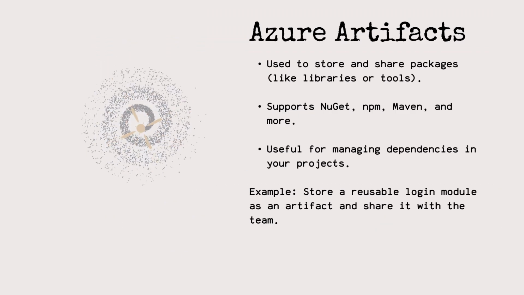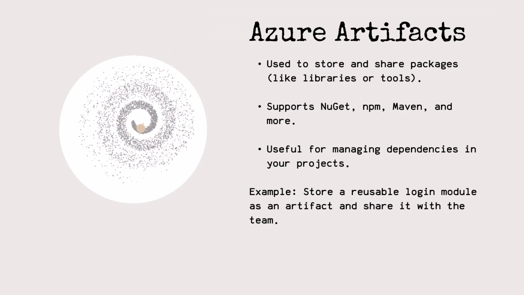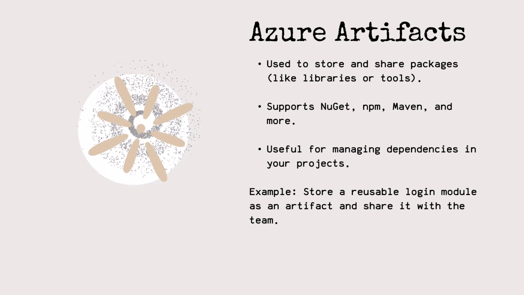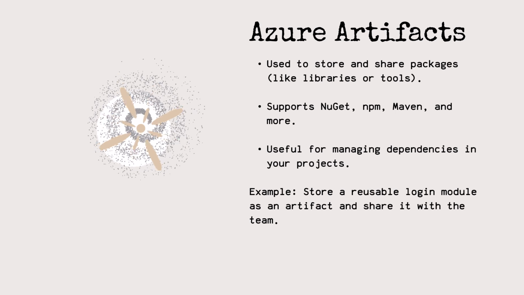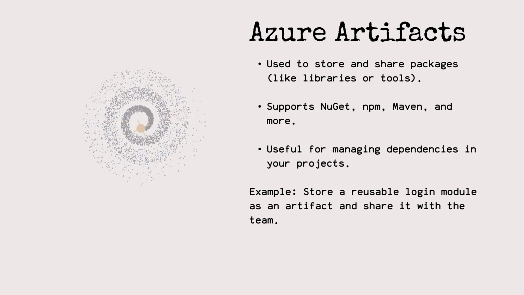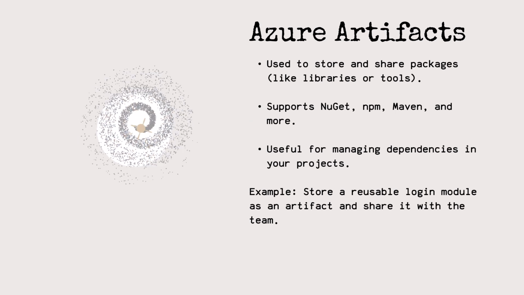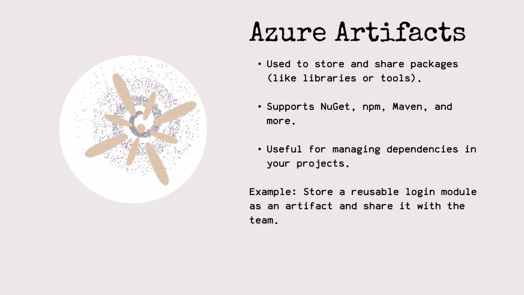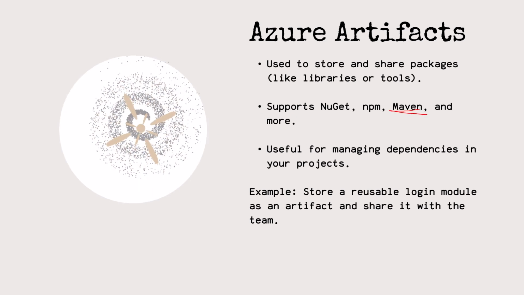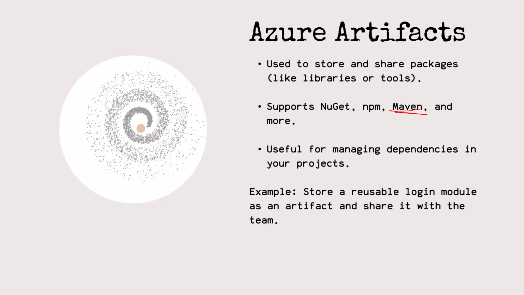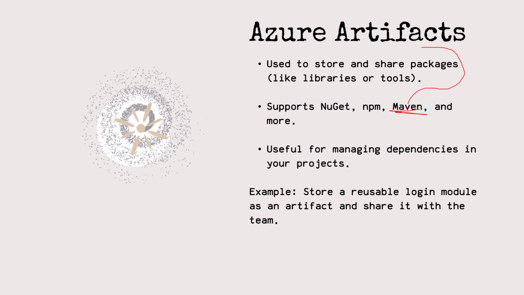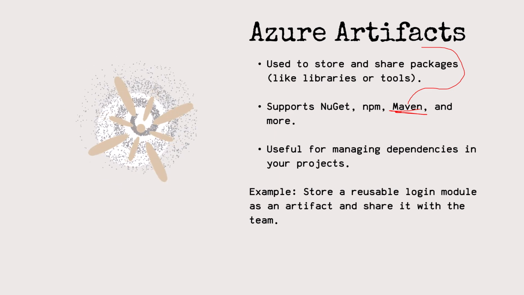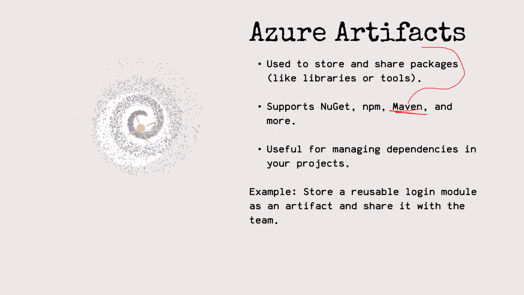And we have Azure Artifacts as one of the important services again, which is used to store and share packages like libraries or tools. Say, for example, I have developed one application and it should be built using something called Maven. Then, using Artifacts, you can store this Maven tool, which is useful for managing the dependencies in your project.